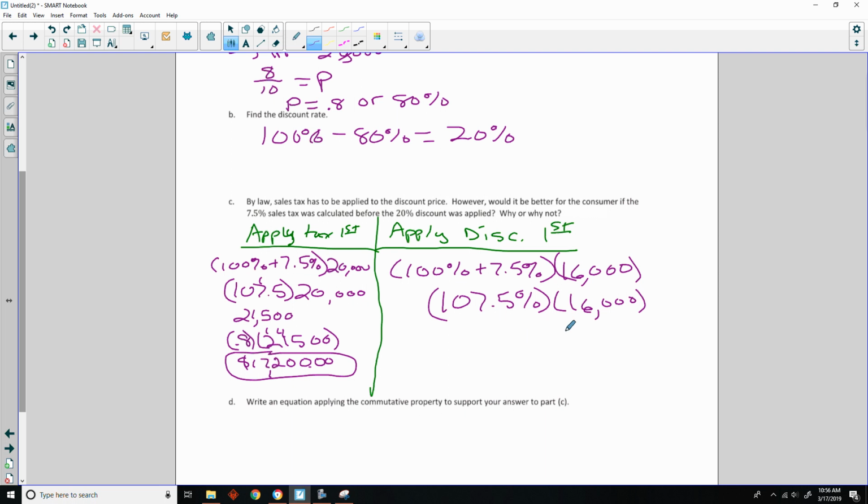And that comes out to be, let's ignore these 3 zeros. 6 times 5 is 30. Let's do it over on the side here because it's 2 digits: 1075 times 16.